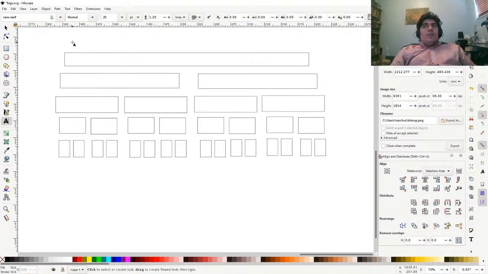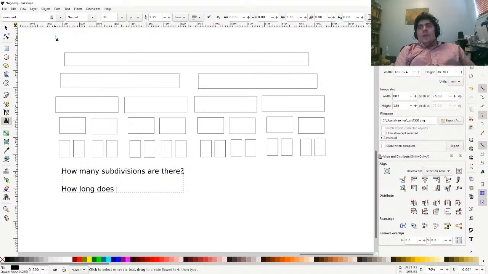How many subdivisions are there? How long does it take to merge the subdivisions? And then how many times do we subdivide?